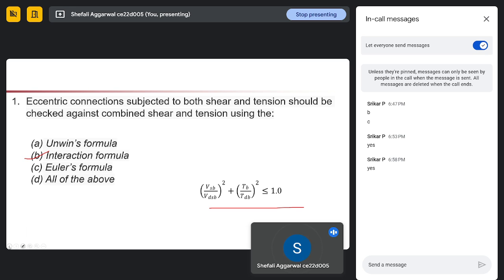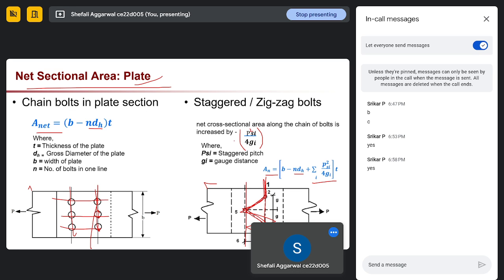It's p square divided by 4g. So we will use this formula in this case: p square divided by 4g.